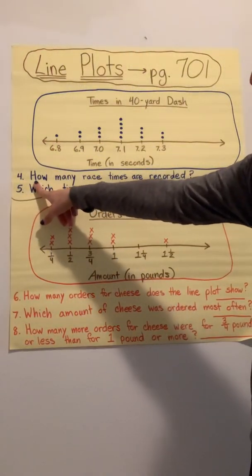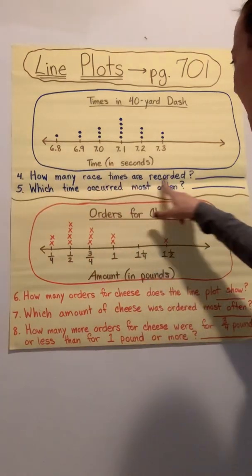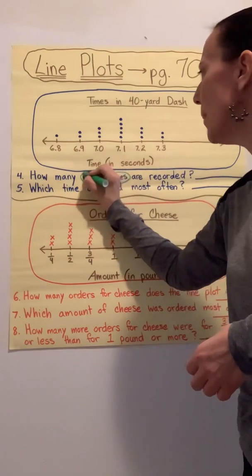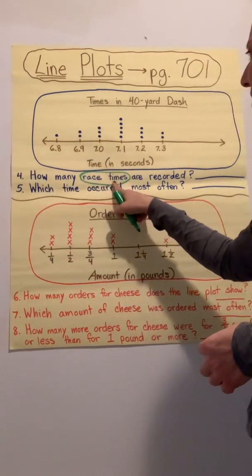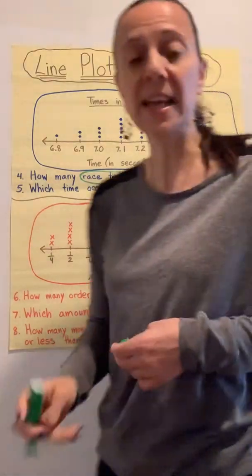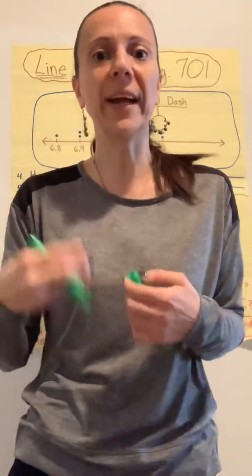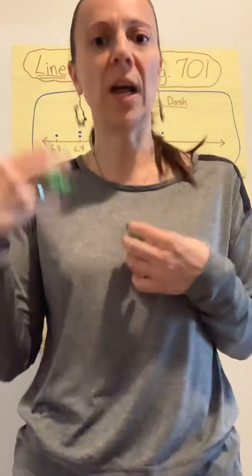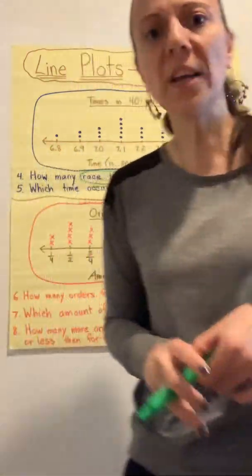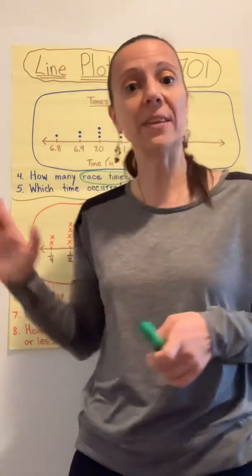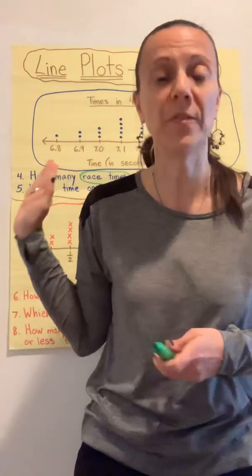Number 4 asks you, how many race times are recorded? So this is asking about how many race times are recorded. That's like saying how many people ran the race, how many people gave their time to be put on this graph. So we're not going to answer this. This is not about the number of seconds it took anybody. We're not going to answer this by looking at the numbers on the bottom of the number line.